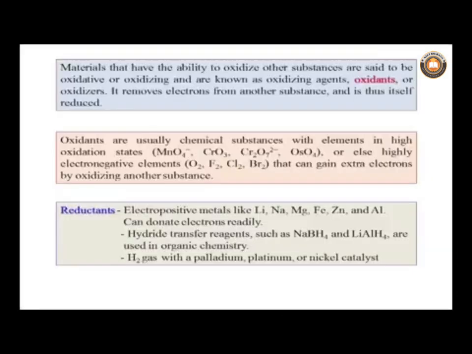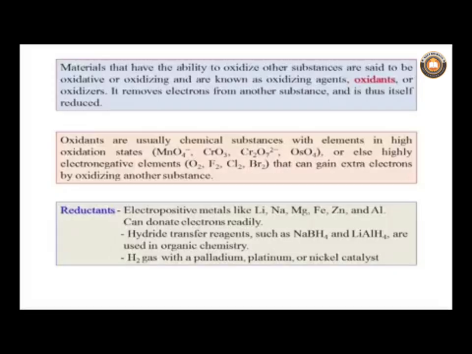Similarly, what are the other species we will encounter? Not only the metallic ones, but the hydride transfer reagents, which we will talk about next, such as sodium borohydride or lithium aluminum hydride, which we use very much in organic chemistry.